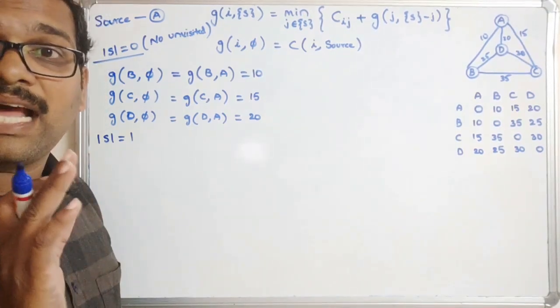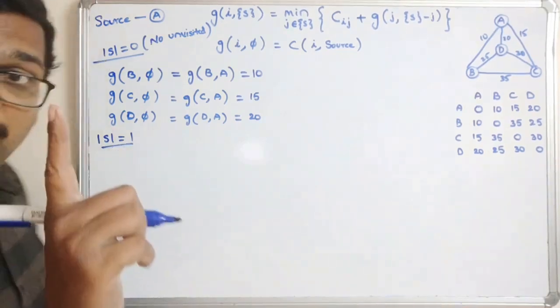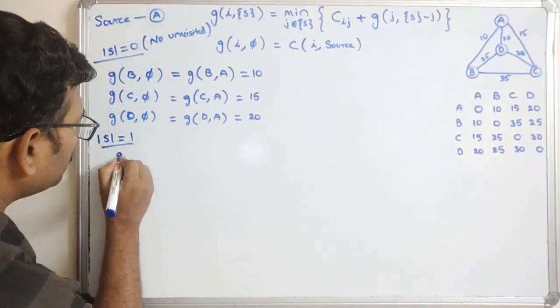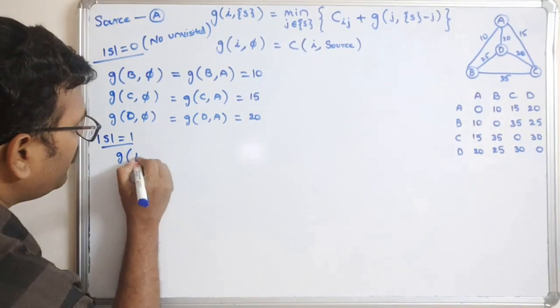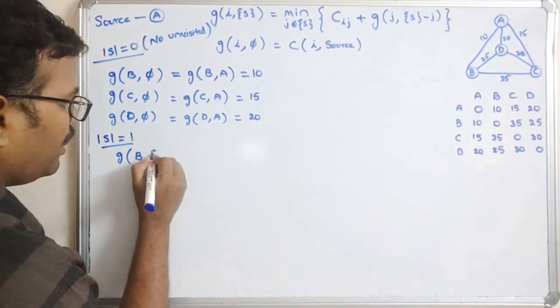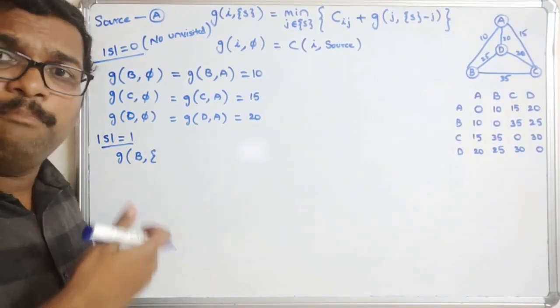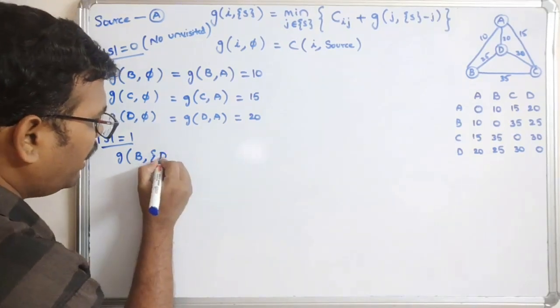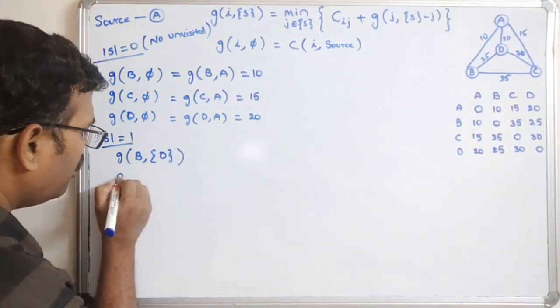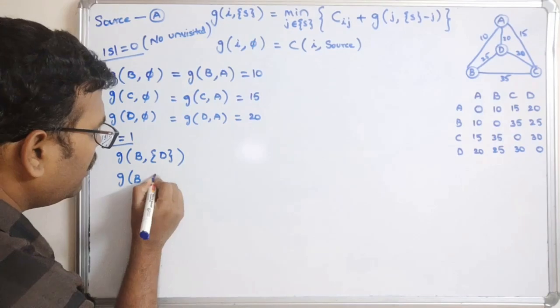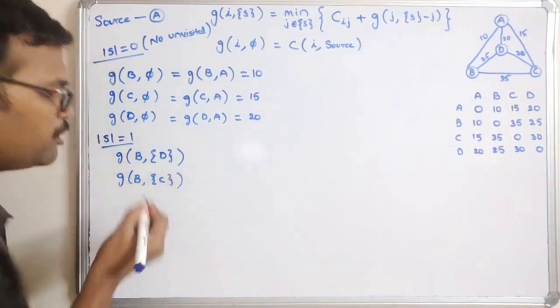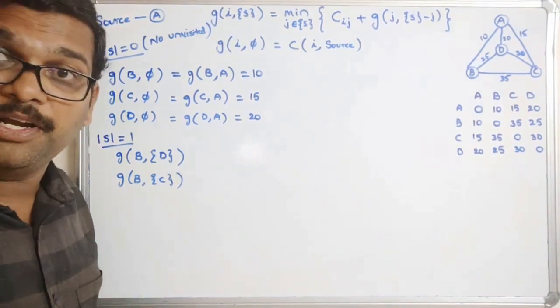If the set contains only one unvisited vertex, then G of B and the unvisited from B, where it can go, either it can go to D or it can go to C. Only 2 possibilities.